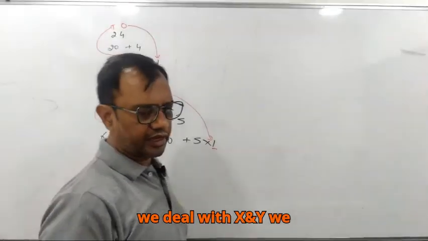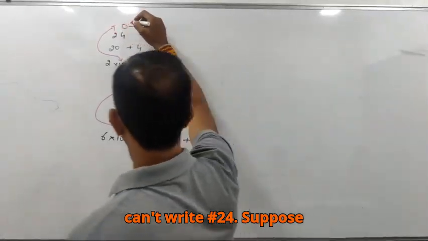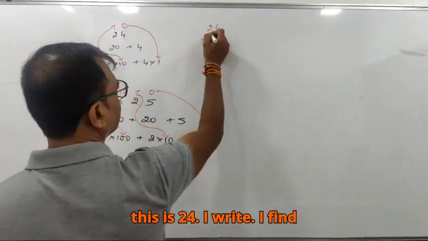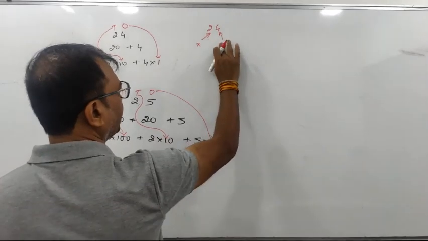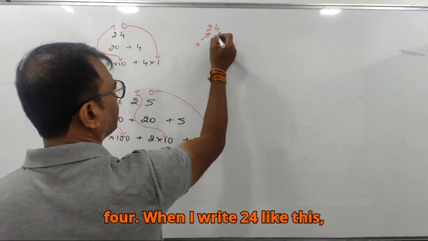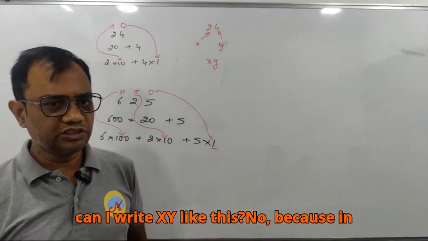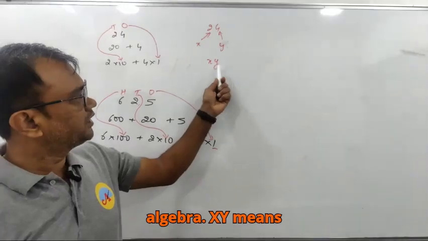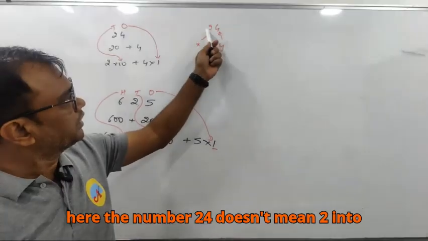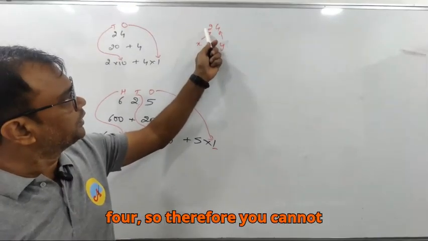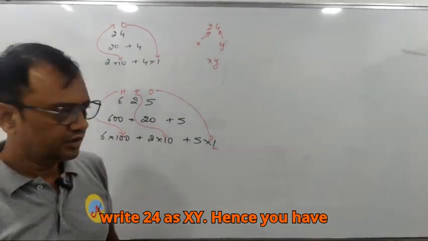So when we deal with x and y, we can't write number 24 like that. Suppose this is 24. I find x as 2 and y as 4. When I write 24 like this, can I write xy? No, because in algebra, xy means x into y. And here the number 24 doesn't mean 2 into 4. So therefore you cannot write 24 as xy.